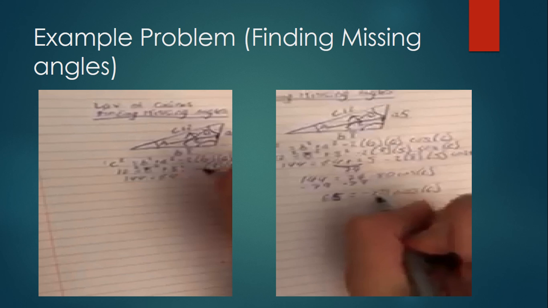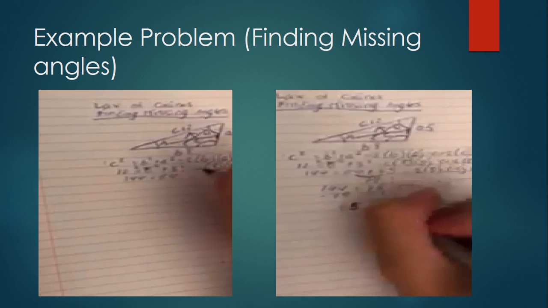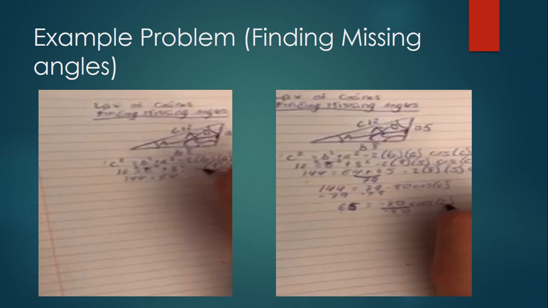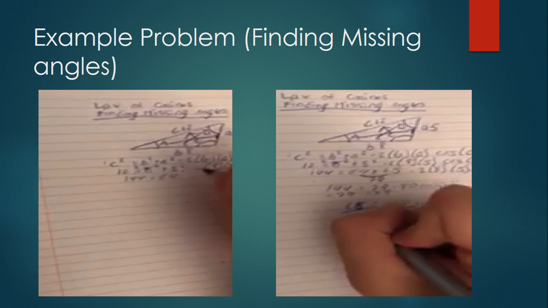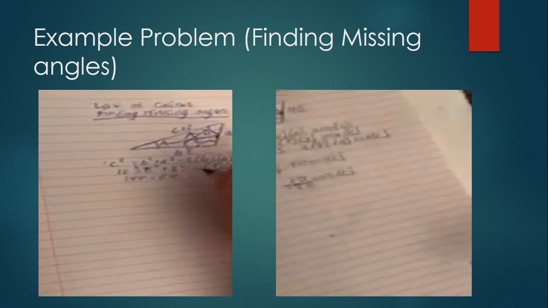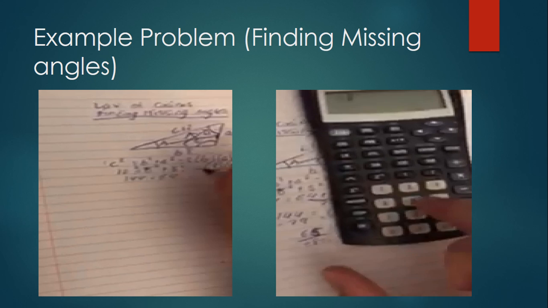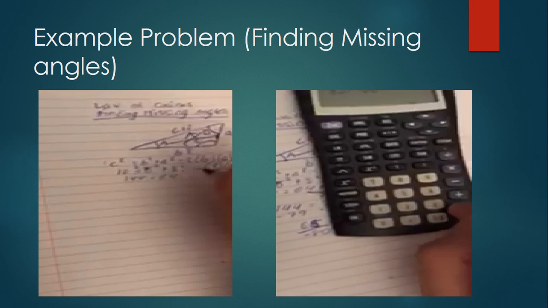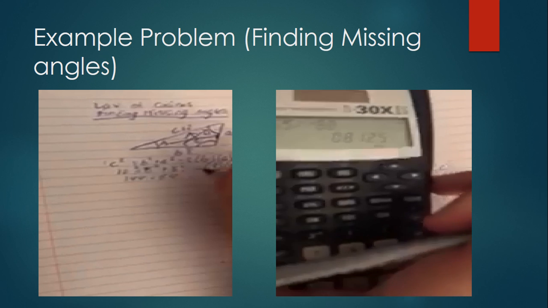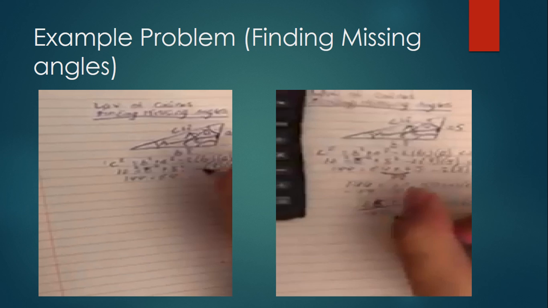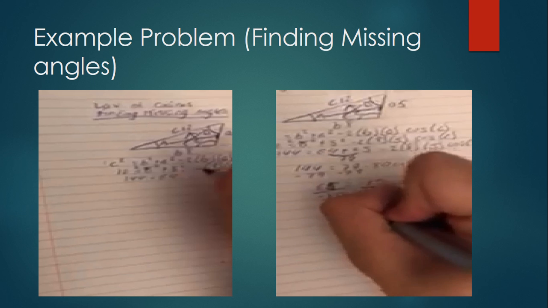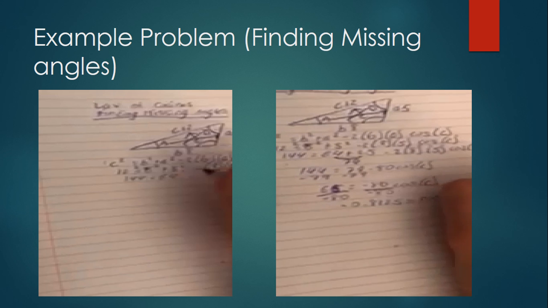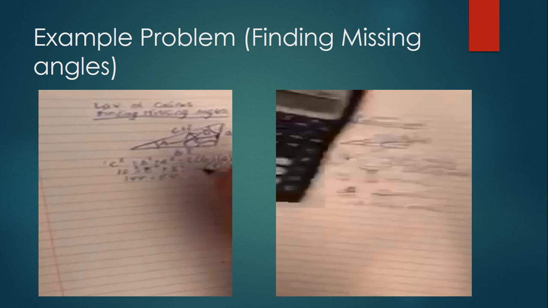Now you want to divide by negative 80, so that the cosine is on its own. You're going to get some crazy decimal. 65 divided by negative 80 is negative 0.8125, which is equal to cosine C. Now is when it gets a little tricky.